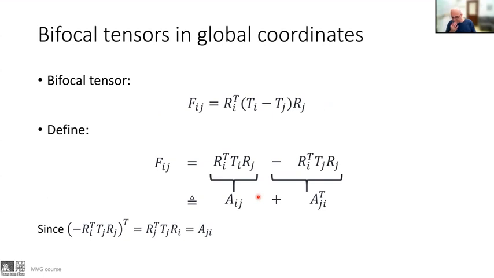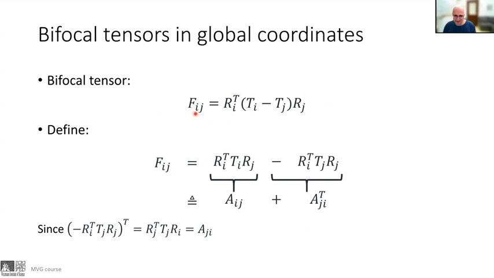So now to derive this consistency constraint, there is a very nice observation, I think, that really leads to our constraints. I'm going to write generically Fij equals Ri transpose times Ti minus Tj times Rj.